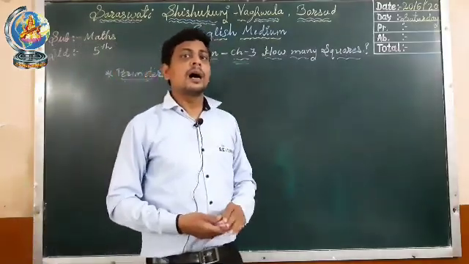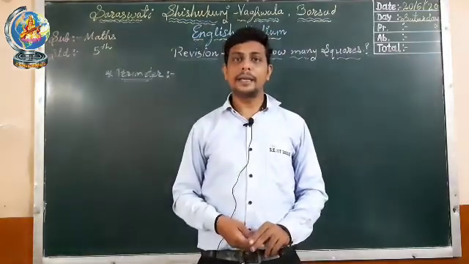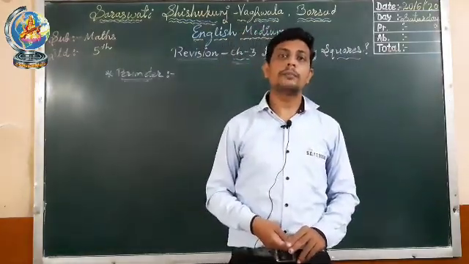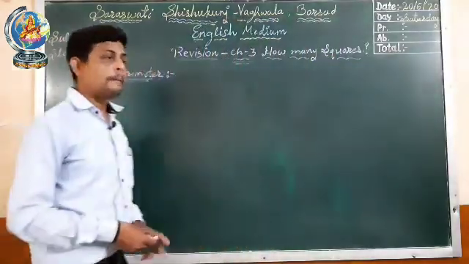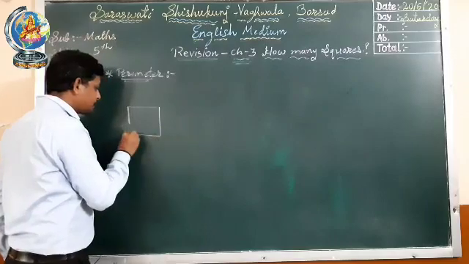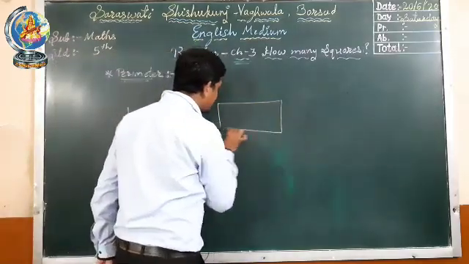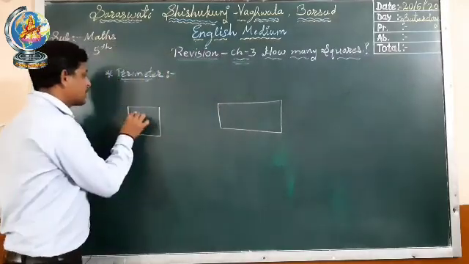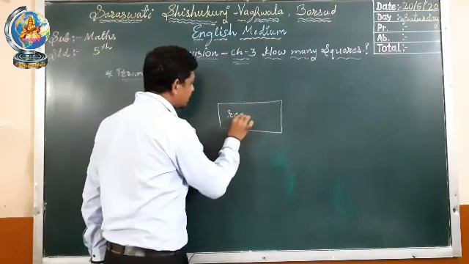Total length of the boundaries of a given figure is called perimeter. Perimeter of square and perimeter of rectangle. This is square and this is rectangle.